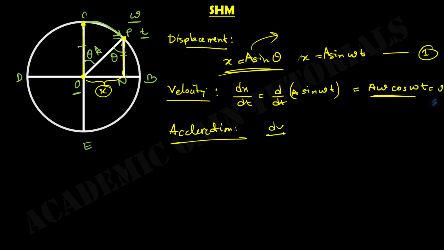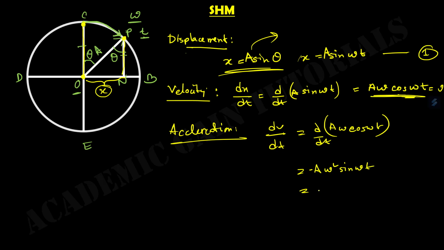If I differentiate a omega cos omega t with respect to time, then I get minus a omega square sine omega t.